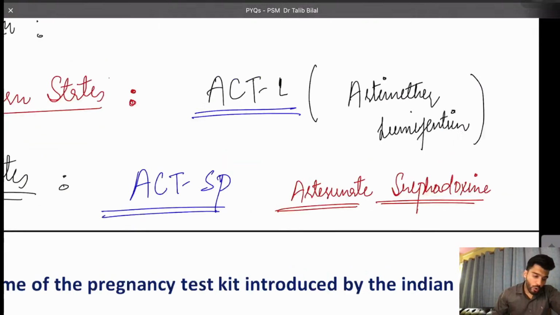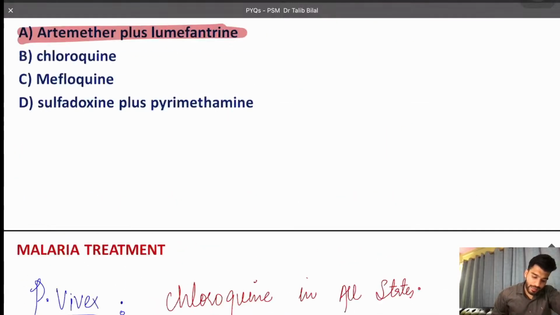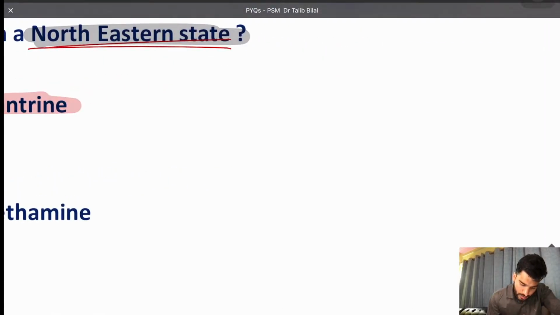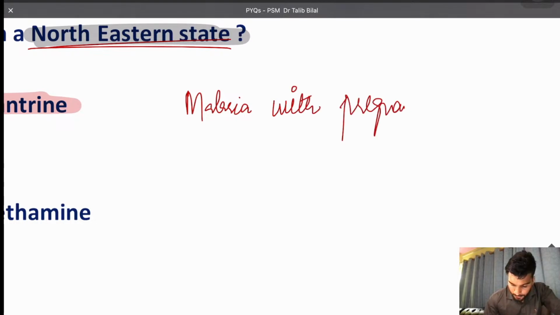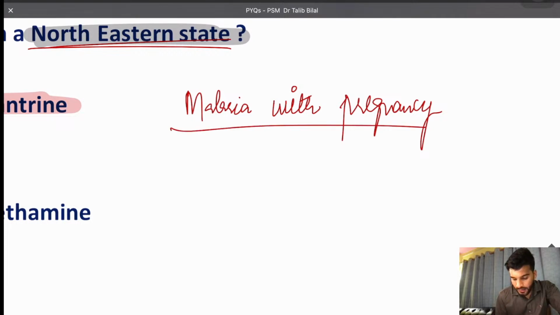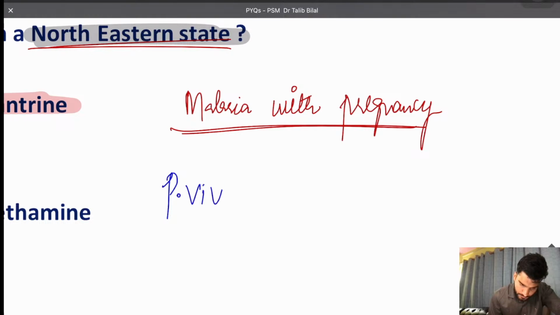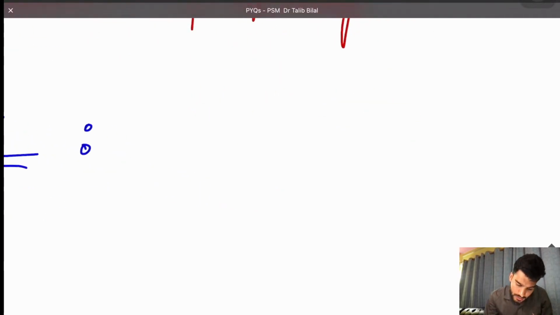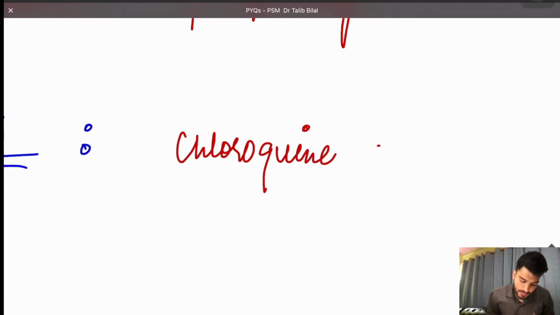Okay, now also what is more important from malaria, guys, in pregnancy, what will be the treatment? So I'll write malaria with pregnancy. If in pregnancy it is due to the Plasmodium vivax, then your answer again is going to be the same, chloroquine.